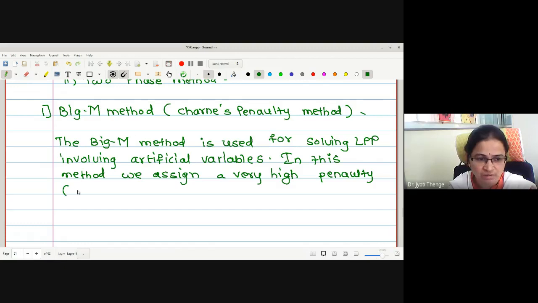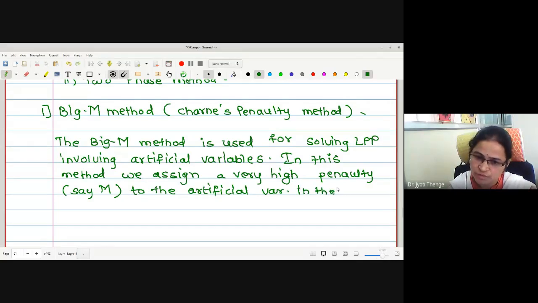Penalty means whatever cost we are assigning, we are going to call it penalty. Penalty, say M, to the artificial variable in the objective function.